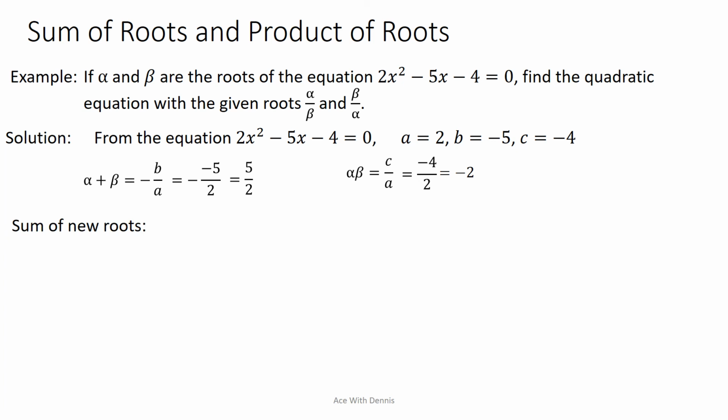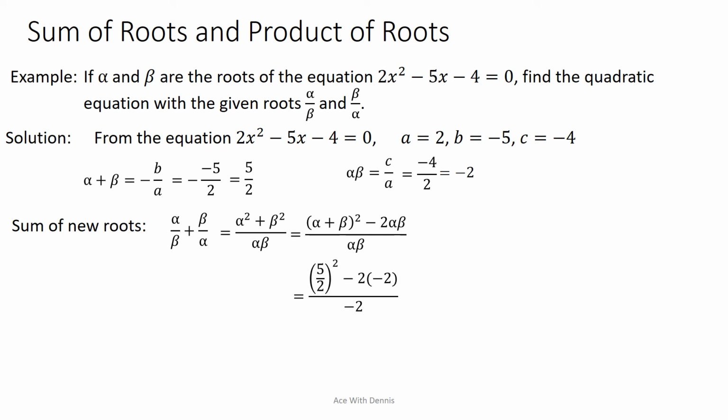Sum of new roots is alpha over beta plus beta over alpha, which we get alpha squared plus beta squared over alpha beta, or alpha plus beta squared minus 2 alpha beta over alpha beta. By substituting the sum and the product of roots values, we get 5 over 2 squared minus 2 times negative 2 over negative 2, and the answer is negative 41 over 8.